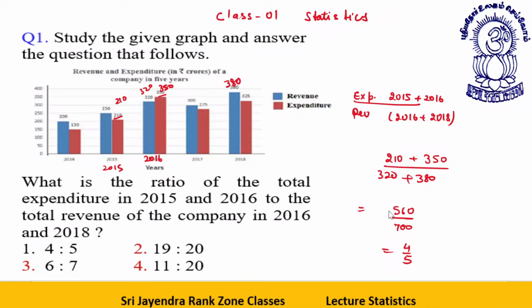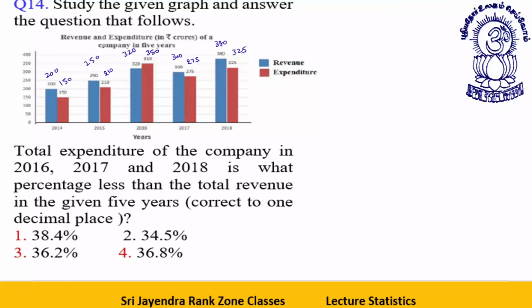Okay, dear students, confirm, clear? Fine. Let's move to the next question. Now the next question is again on the same graph. The total expenditure of the company in 2016, 2017, and 2018 is what percentage less than the total revenue in the given 5 years?